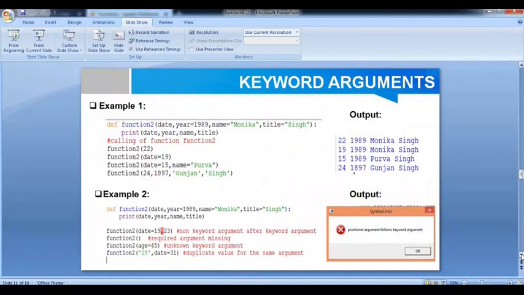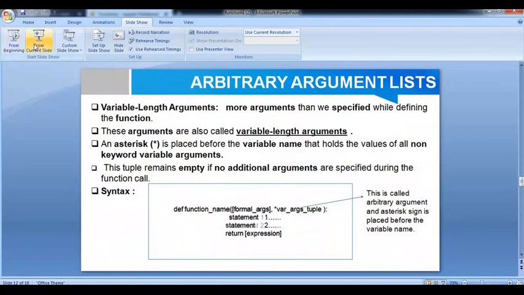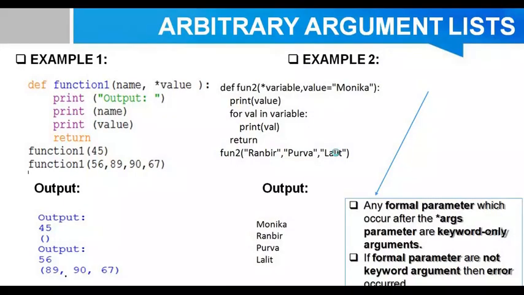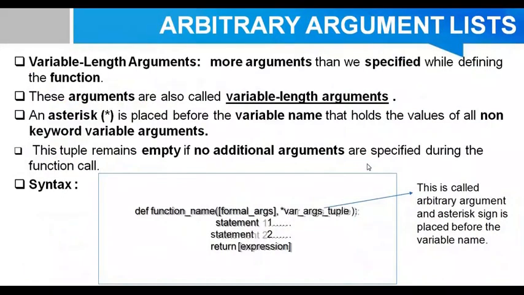So Python programming supports an additional feature called variable length arguments, or you can say arbitrary arguments. So in user defined functions in Python programming, the variable length need not be fixed. During the function call, more than the number of arguments can be passed, and for this purpose the star operator should be used.